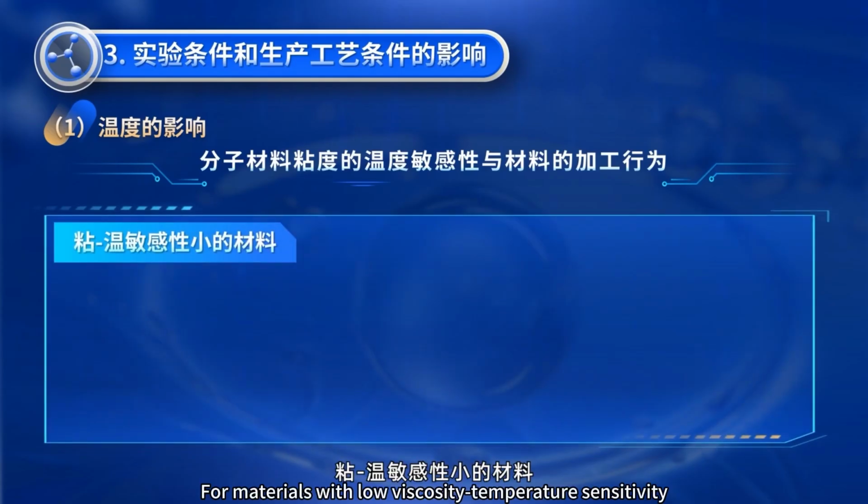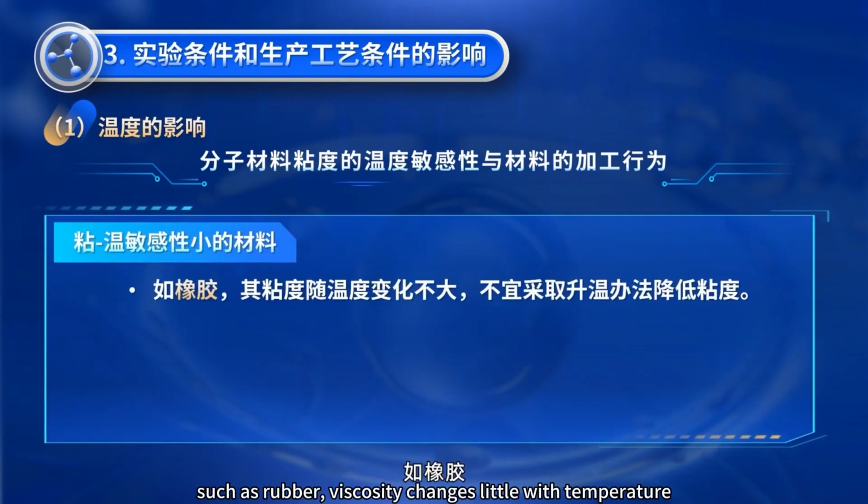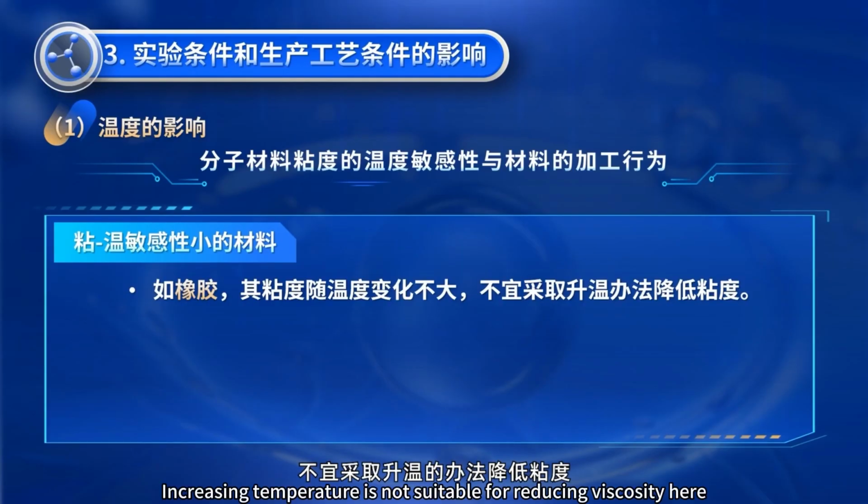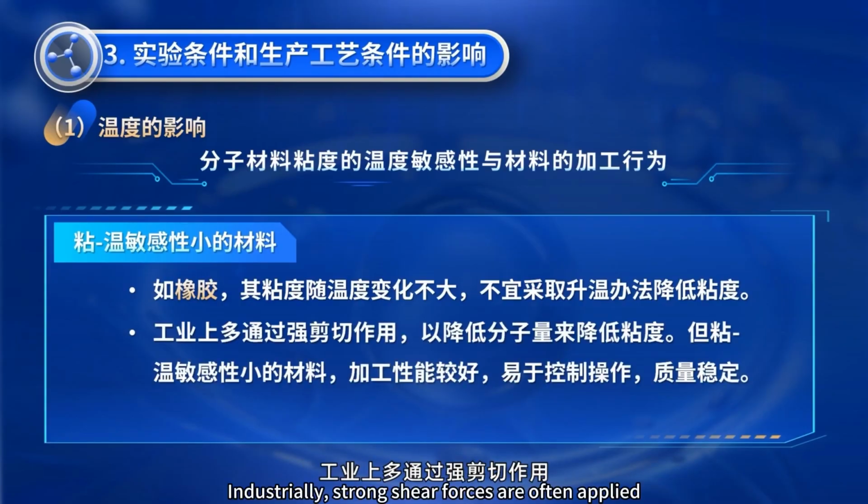For materials with low viscosity temperature sensitivity, such as rubber, viscosity changes little with temperature. Increasing temperature is not suitable for reducing viscosity here. Industrially, strong shear forces are often applied, or molecular weight is reduced to lower viscosity.